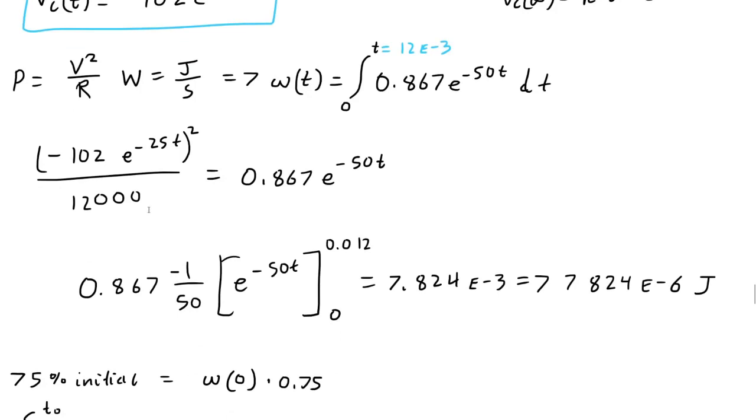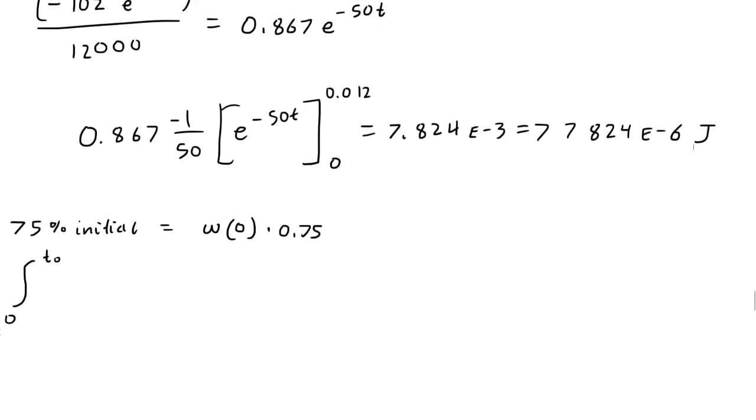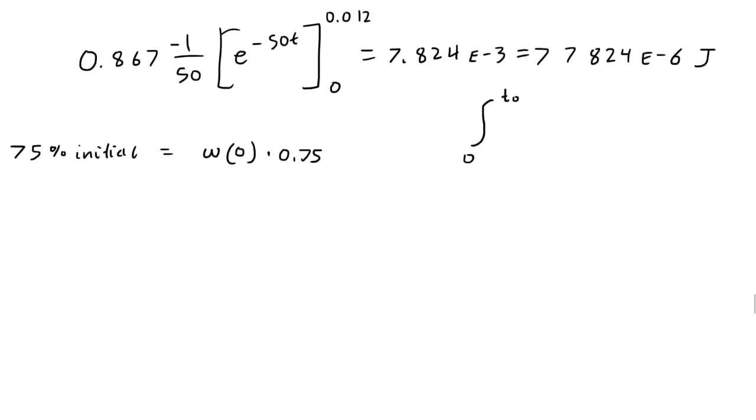Okay, so we got the first part of the problem. Now I'm going to find out how much time it takes for the resistor to dissipate 75% of the energy stored in the capacitor. To do that, I'll come back to this integral business in a moment. The first thing we need to do is find out how much energy is in the capacitor.